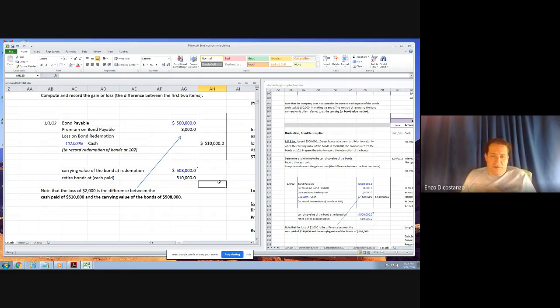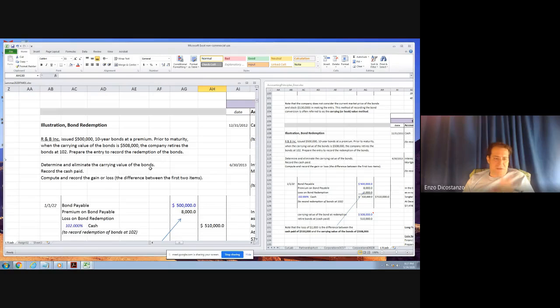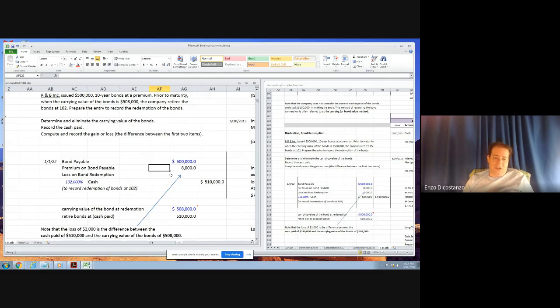So instead of paying 500,000, you paid 510, and whatever the interest on this was, a couple percent or a couple interest payments. When you retire it at a higher percentage, you're generally retiring it earlier than was initially called for. So you're paying 510 when the face value was really 500. So you're paying off to cover lost interest payments. That's why a company would do something like this.